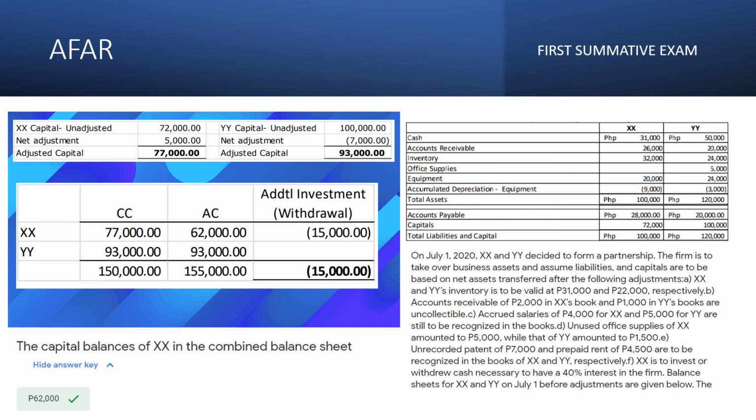The capital balance of X in the combined statement of financial position is 62,000, which is 40% interest of the total 155,000. And the capital balance of Y in the combined statement of financial position is 93,000, with no changes because there's no stipulation that he will make a withdrawal or additional investments. Everything that he contributed will be the basis, 93,000.